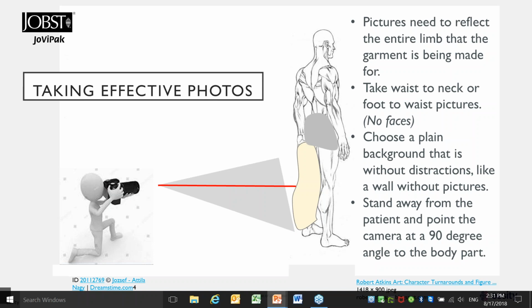They are wonderful to take these pictures, but take them at a 90-degree angle to the body part. So if you need to, kneel down and shoot straight at the limb. Do not take a picture from the top toward the bottom or shoot up at it either. Stand straight and even to it and get a 90-degree angle to that body part.